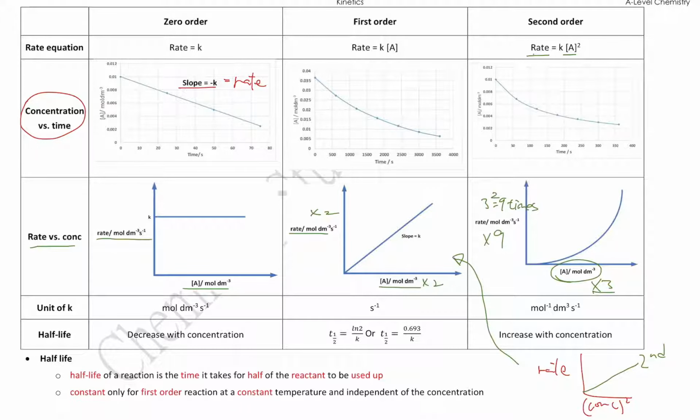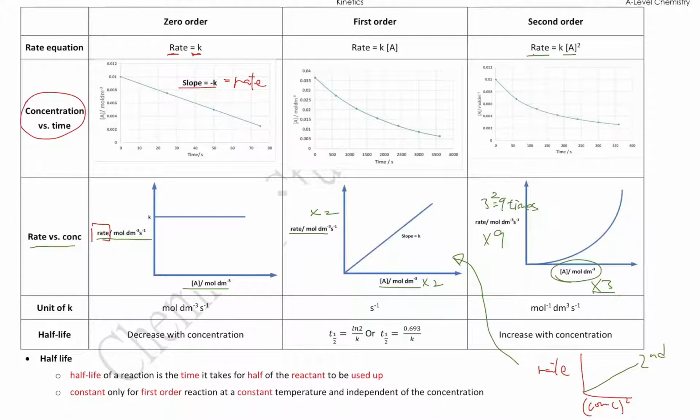Once you find the slope, you can see the slope is constant, which matches the fact that for zero order reaction the rate of reaction is constant. That's why you get a straight line here. And once you solve the slope, you also get the value of k already, because for zero order the rate constant is equal to the rate of reaction.